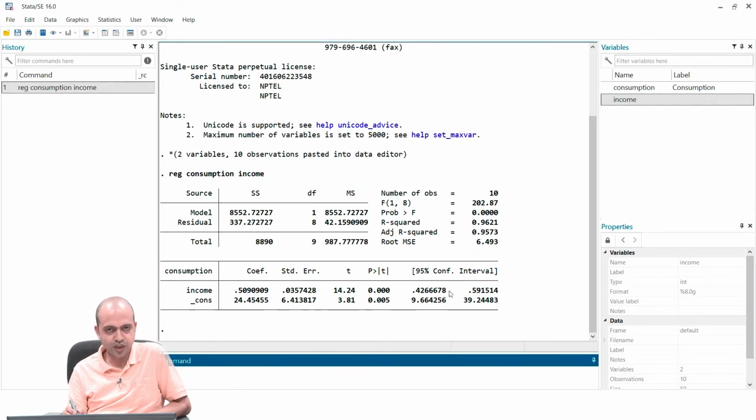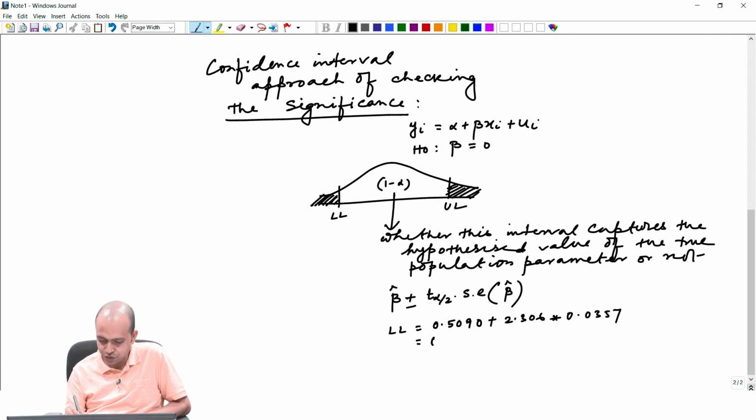Look at this. Stata has given you the 95% confidence interval. That means Stata has specified alpha equals 5. What is the value? The value is 0.4266. That is the lower limit of the interval. What would be the upper limit of the interval?